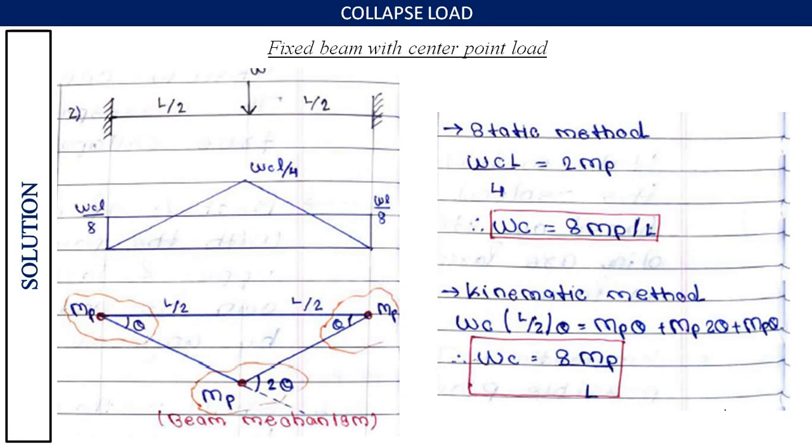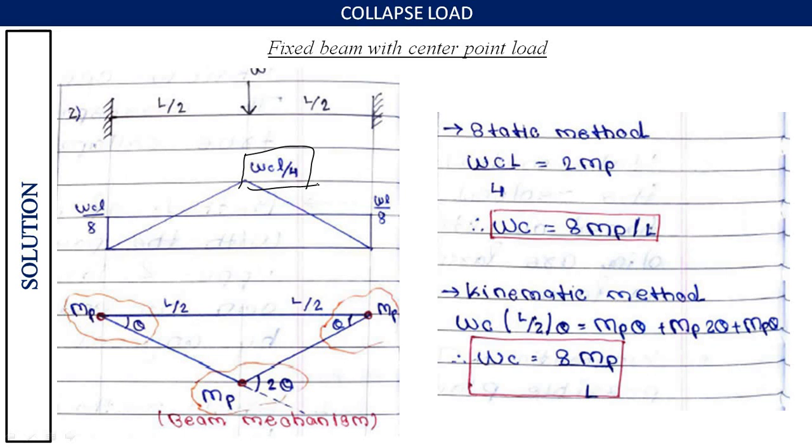Now let us see the fixed beam with a center point load. As per the static method, the maximum moment will be WC L by 4. WC means collapse load, and L is the length or distance.